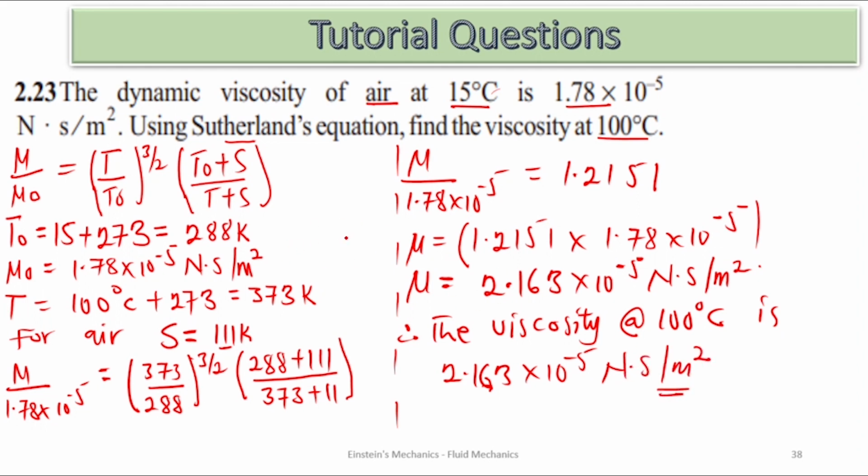Are we good? So this is how we go by using the Sutherland's equation. Remember to convert the temperature to Kelvin. Where you're given the initial temperature should always be T naught, and the next temperature will be the T. The first given viscosity will be your mu naught, and what you are looking for will be your mu. Are we good? Let's look at the next example.